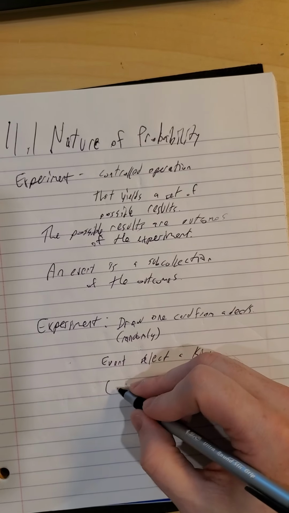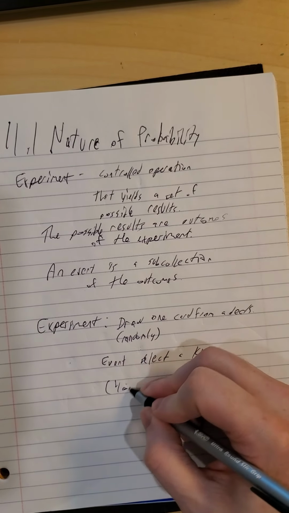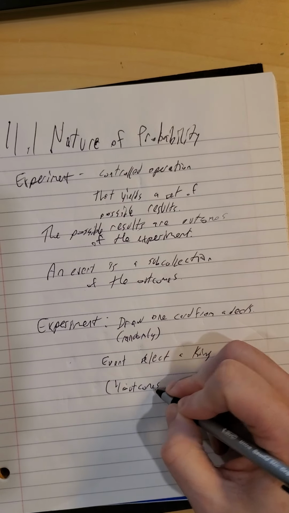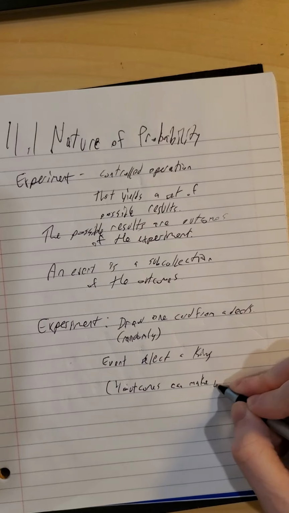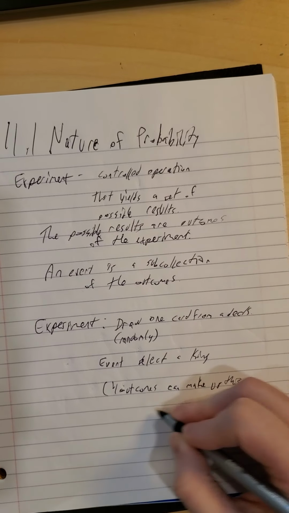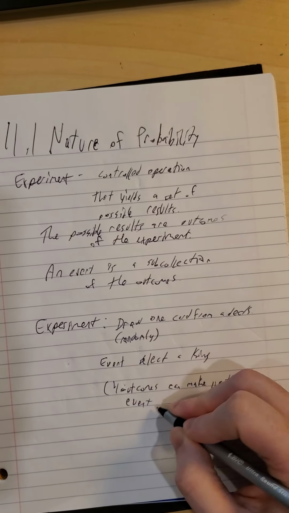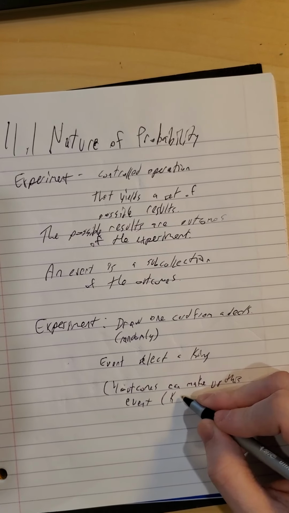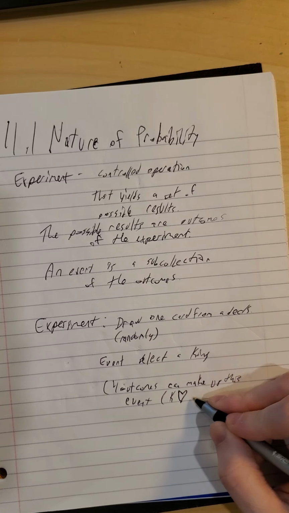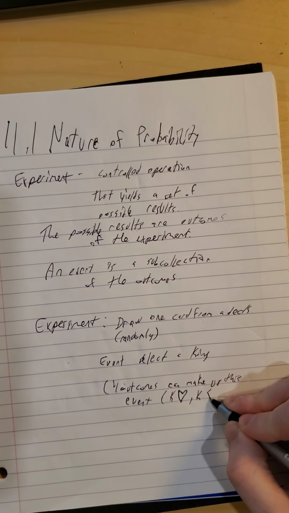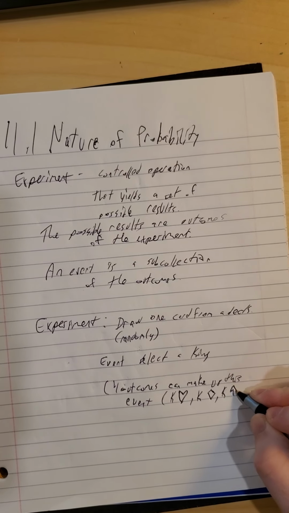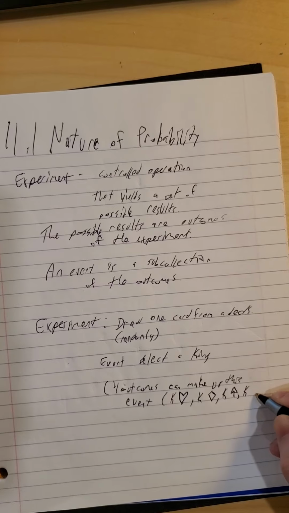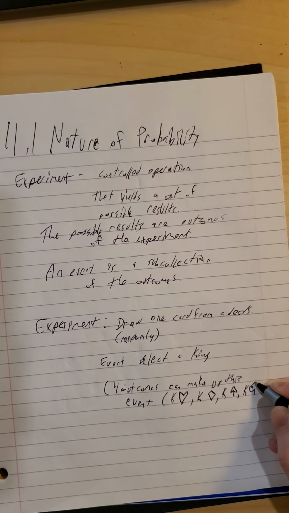That event can actually happen from 4 outcomes. We could have drawn the king of hearts, king of diamonds, king of spades, or king of clubs.